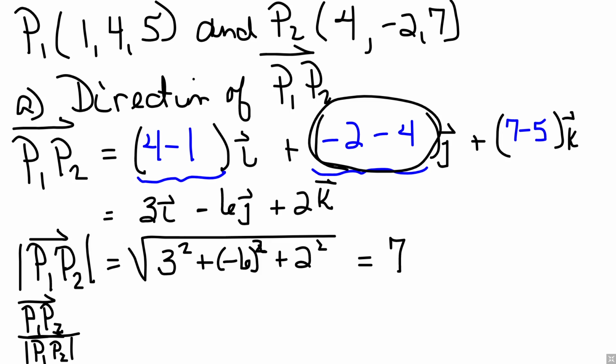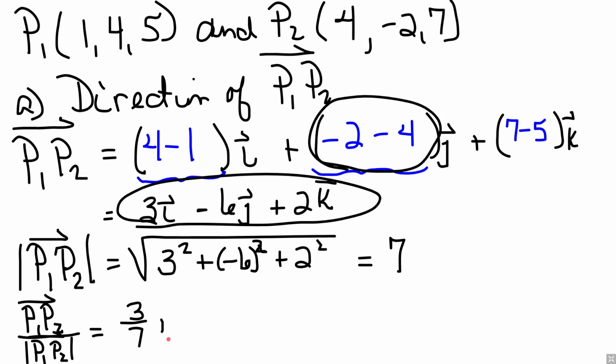So we're going to divide each of these components by 7. We're going to end up with 3/7 in the i direction minus 6/7 in the j direction plus 2/7 in the k direction. Okay. Any questions there?